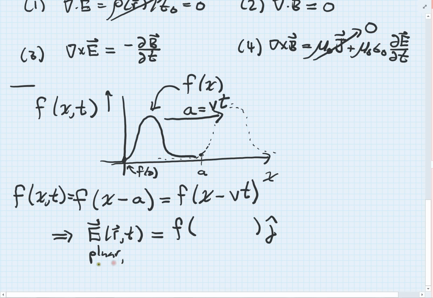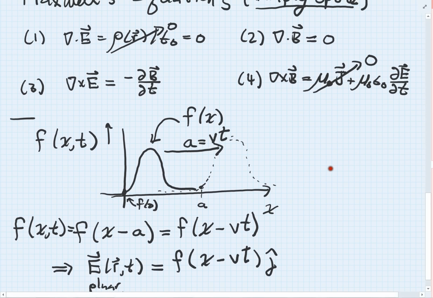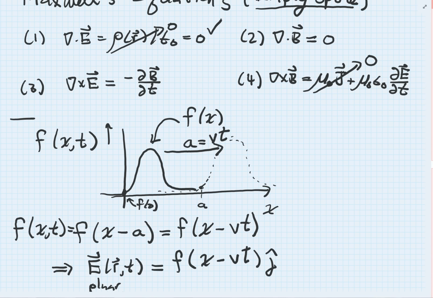But now that it's a pulse, in other words, something that is moving, keeping its shape and just moving rigidly in time t, the dependence of this function has to be as position x minus the velocity of my pulse times the time t. Very good. So now we have used up our first Maxwell's equation, and we're certain now that we have satisfied that one. The next thing we should try to do is to bring in the next Maxwell equation.